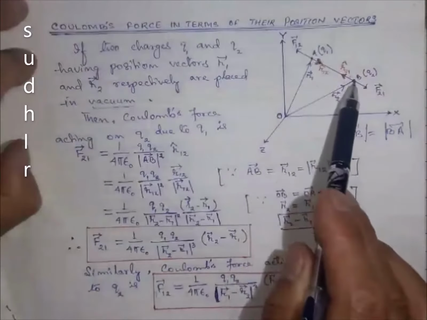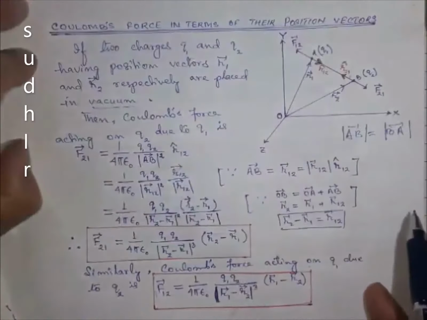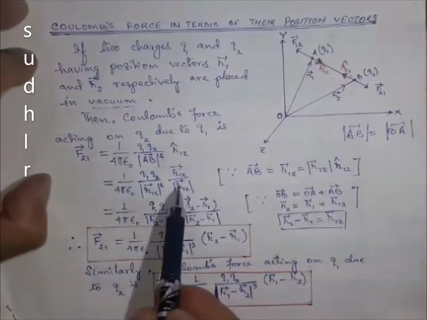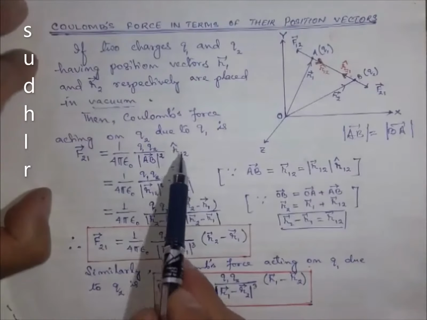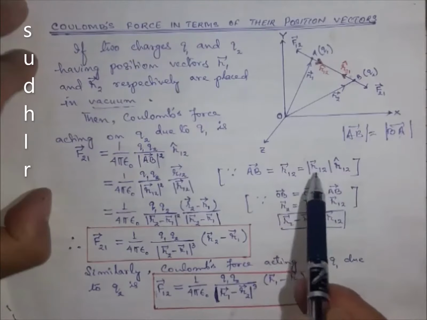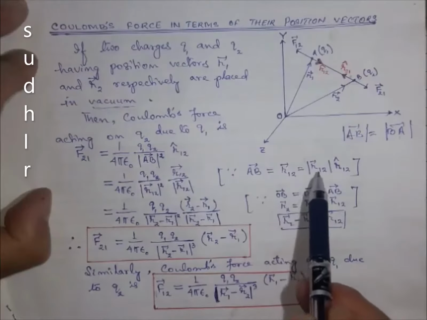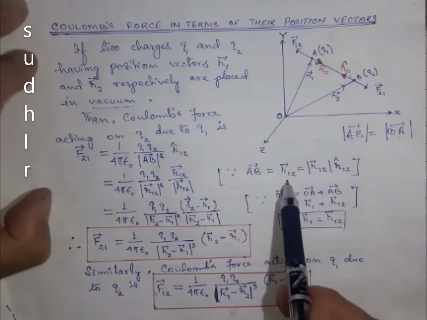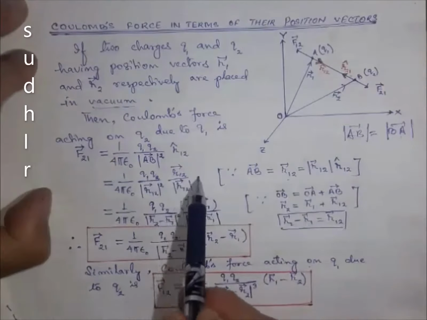That means it is along this direction AB vector, so you represent it with the R12 cap unit vector. If you want to express this R12 cap, then R12 cap will be equal to R12 vector divided by the magnitude of this vector. So if you divide it here, you will get this expression.